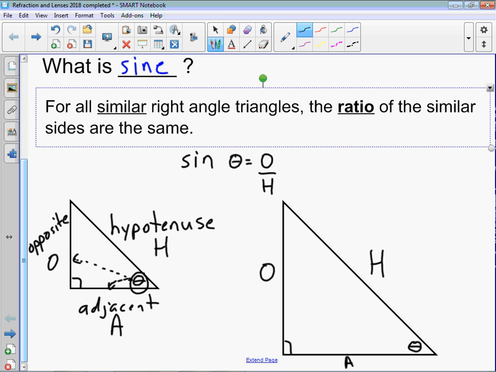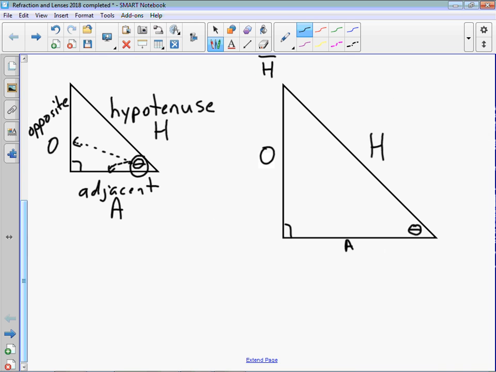And it doesn't matter how big your triangle is. If the angle is the same, so if I have a 30-degree triangle, and I say this side is 10 meters long, and this side we'll just call y, we want to figure out what y is.